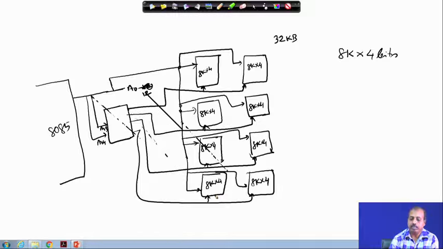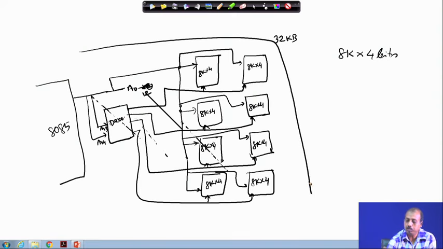So, what happens is that if this decoder is selecting one chip, it is actually selecting a pair. Then for the data bus, this will give me 4 bits and this will give me 4 bits, and they will be connected to the 8 bit data lines of the processor.